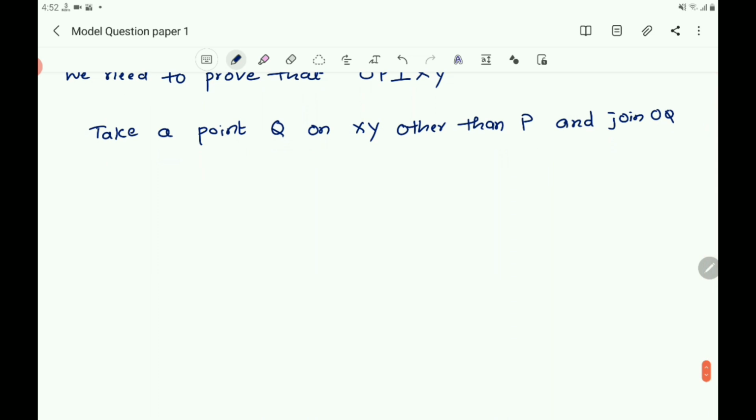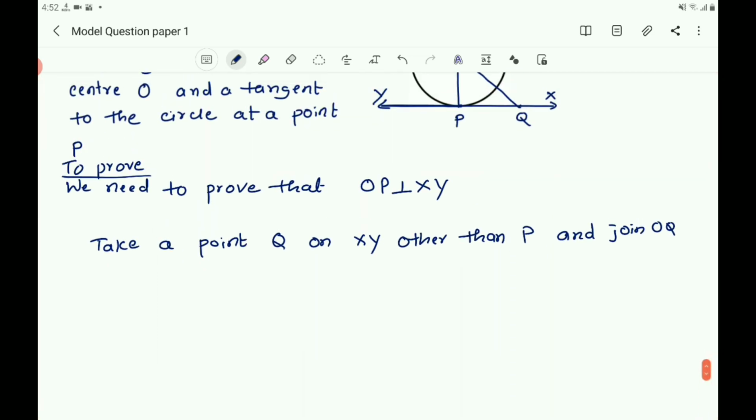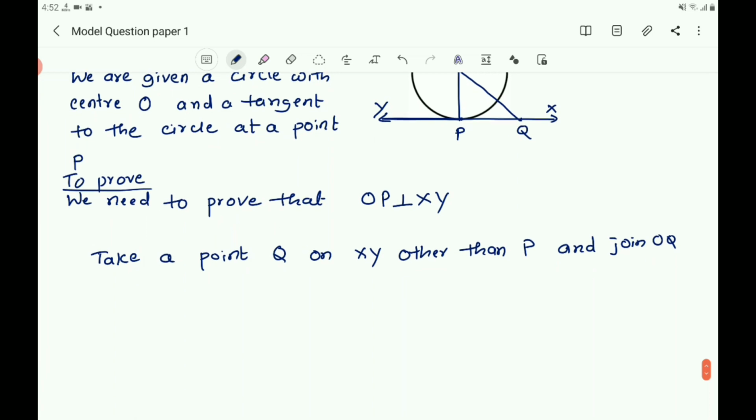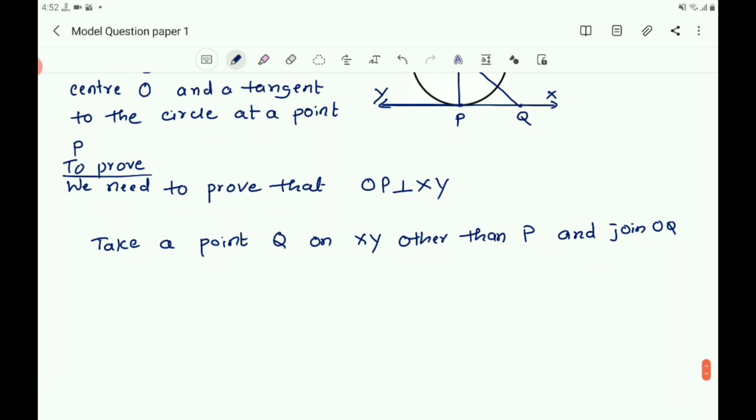Now let us write the proof here. We know that the point Q must lie outside the circle.